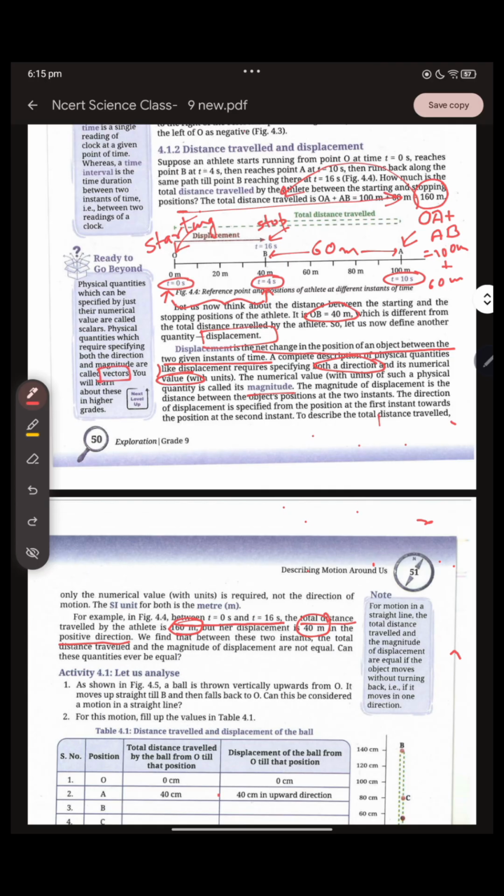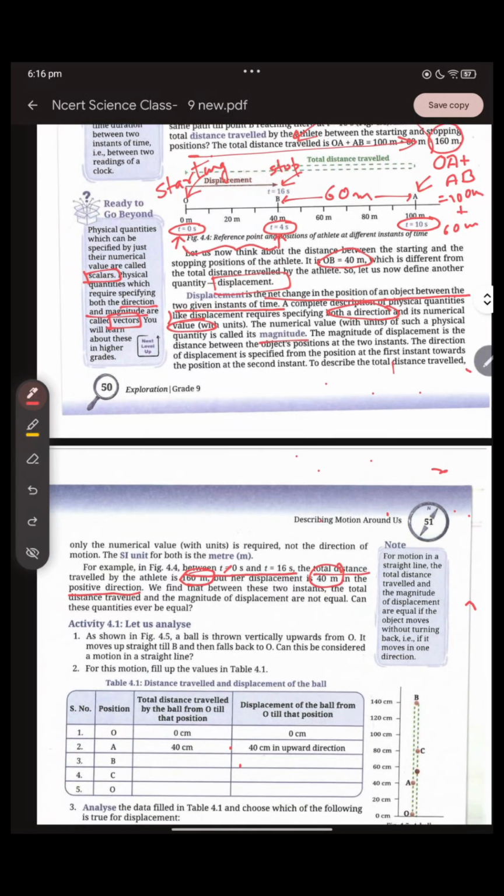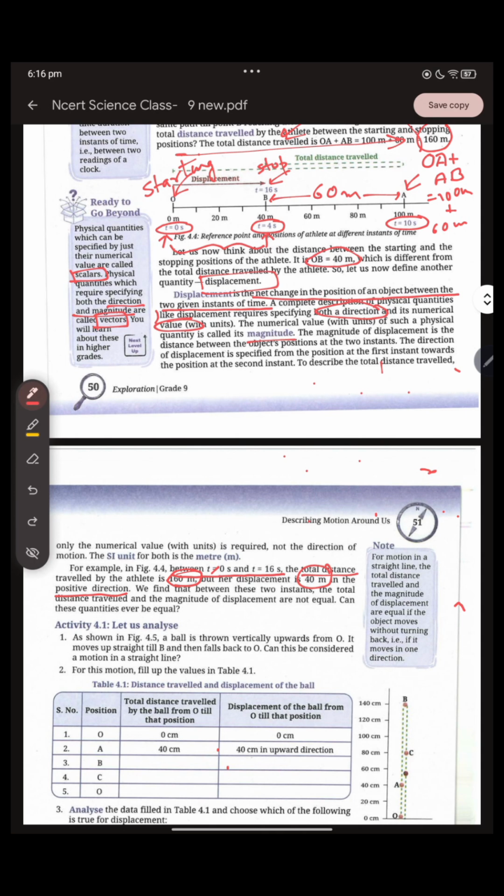Because it needs both direction and magnitude to specify. But distance is a scalar quantity. Why? Because only the true path covered is required here. That's why it is a scalar quantity. So this is the difference between distance and displacement.